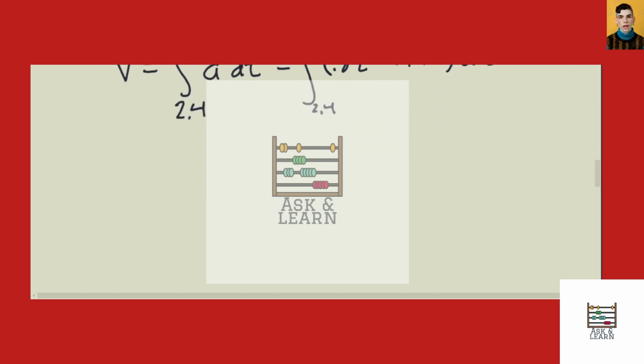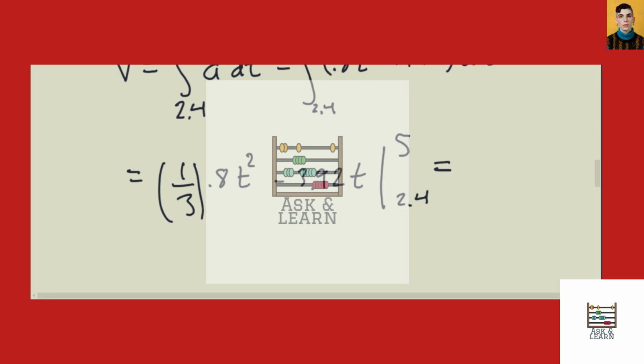So taking the integral, we get 1/3 times 0.8 t cubed minus 3.92 times t, and then the bounds 2.4 to 5.